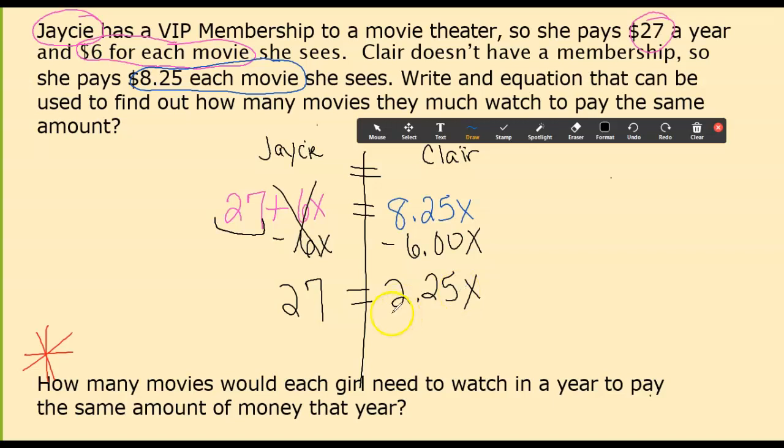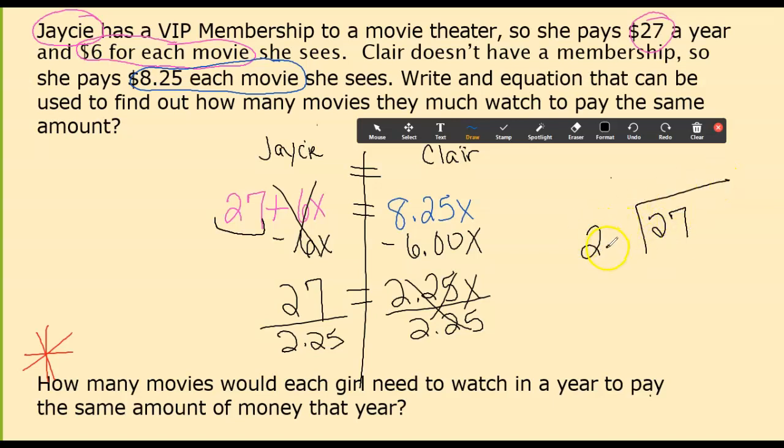All right, so now we have to divide by 2.25. Those cancel out. Mean old Miss Marling is making you divide by decimals. We have to do some side work. 27 divided by 2.25.